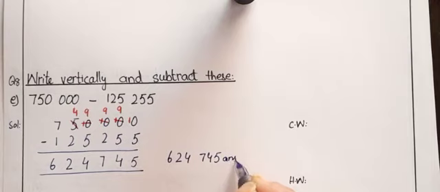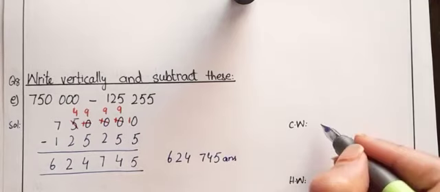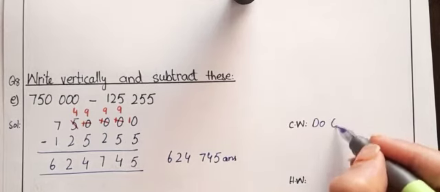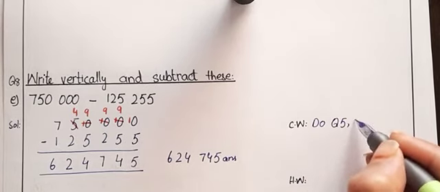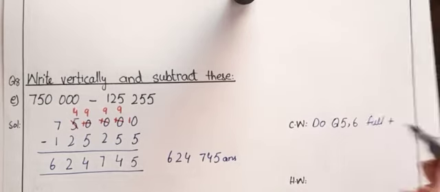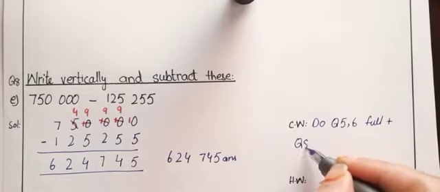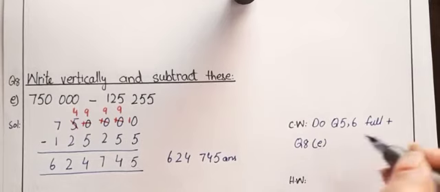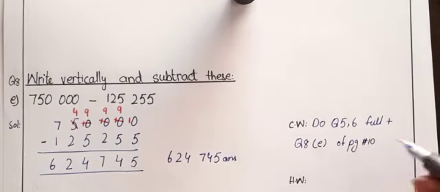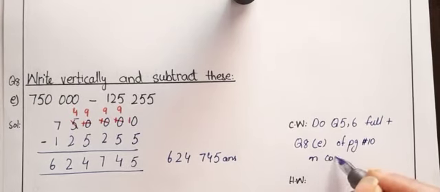This is my answer. So in classwork, boys, we have to do question number 5 and 6 full, plus we have also done question number 8 part E of page number 10 on copy. Yes, this all work is on copy.